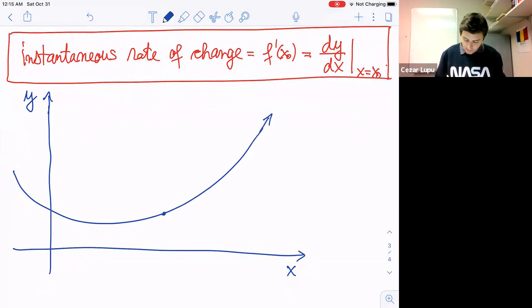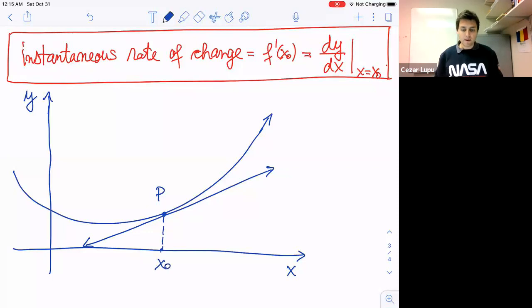And let's just say here we have a point P, and here we'll draw the tangent at P. Okay, and here will be the point, let's say x naught. Well, as you can see, this is nothing else than the slope of the tangent line, right? This is what the derivative actually is.